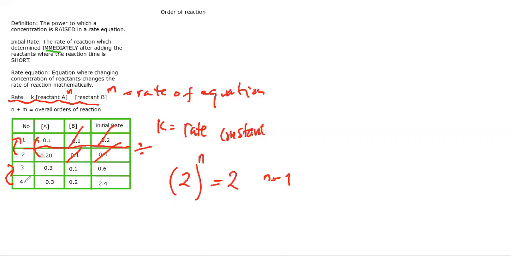So we can select experiments 4 and 3. I compare experiment number 4 to number 3 and cancel this one. Then I have 0.2 divided by 0.1, which is 2 power m. Let's say the order for this one is m, this one is n, and the initial rate is 2.4 divided by 0.6, which is 4. So mathematically m equals 2.